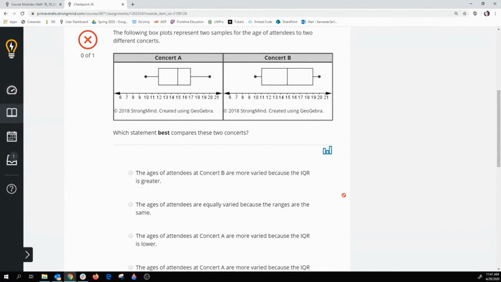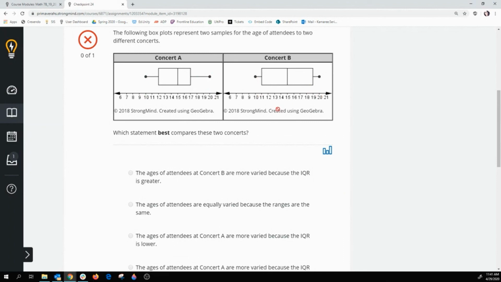So we are looking at these two box plots, and we just want to know which one is more varied, right? So to determine variation with box plots, we need to first look at the range, then look at the IQR. So if I look at the range for these two box plots, this concert A goes from 10 to 20, and concert B goes from 10 to 20. So my range is the same, right?